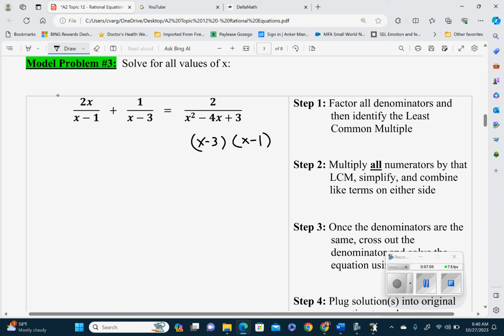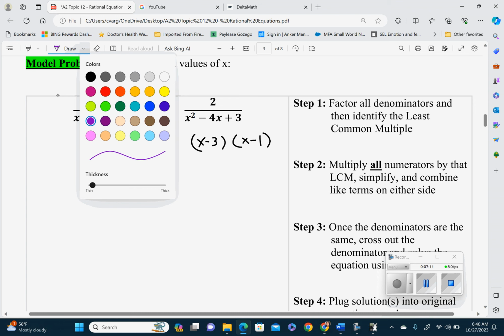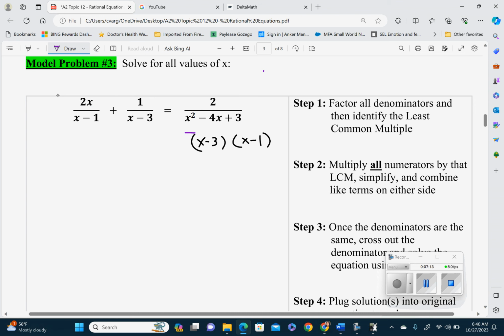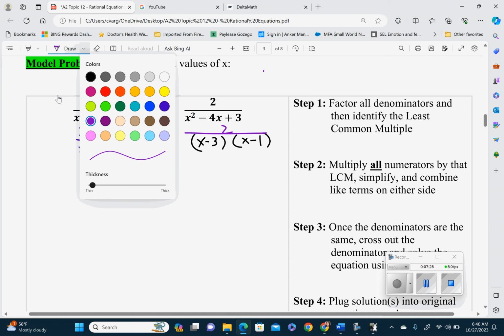Okay, so let's go back to doing stuff that's missing. So this now has a 2 on the top equals, I'm going to bring all this down, plus 2x over x minus 1. Please don't skip steps. And then we're going to write down what is missing from here. Let's go with a brown.